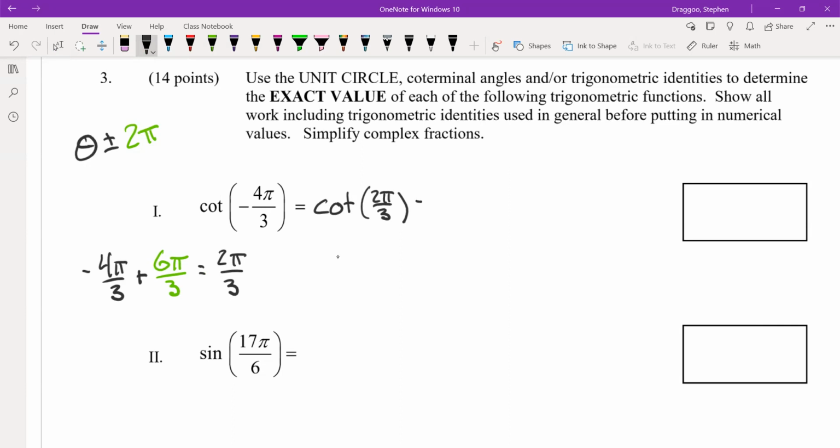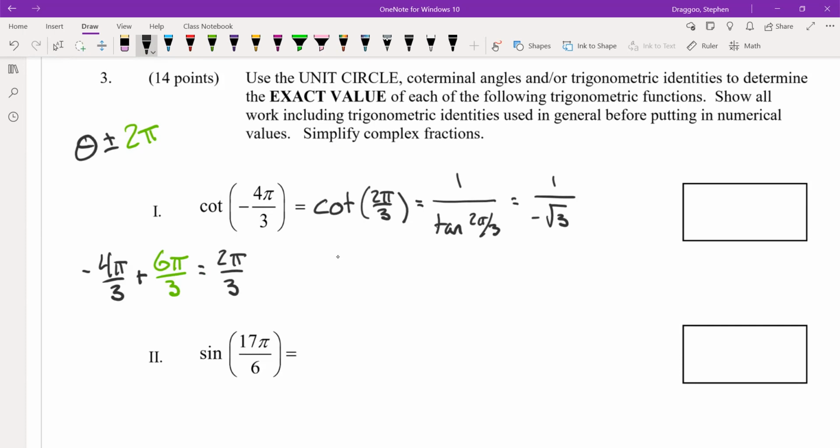Cotangent values, you probably don't have those memorized, but hopefully you have the tangent values memorized. So I'll rewrite this as 1 over the tangent of 2 pi over 3, which is 1 over negative square root 3.